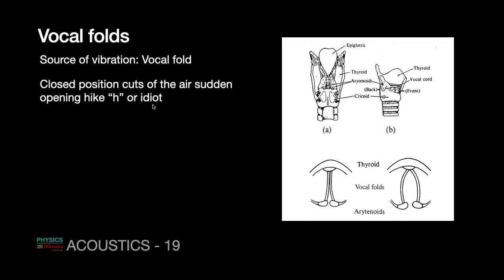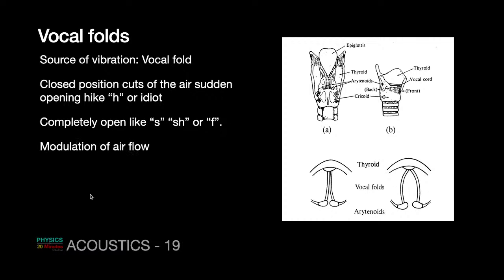If you say the word idiot, many times you will feel some sort of restriction or constriction in your neck. That is the closing of the vocal folds. It's completely open when you pronounce letters like S, sh, or F. So it's completely open. Now, this is one mode, but then it can be partially closed also.